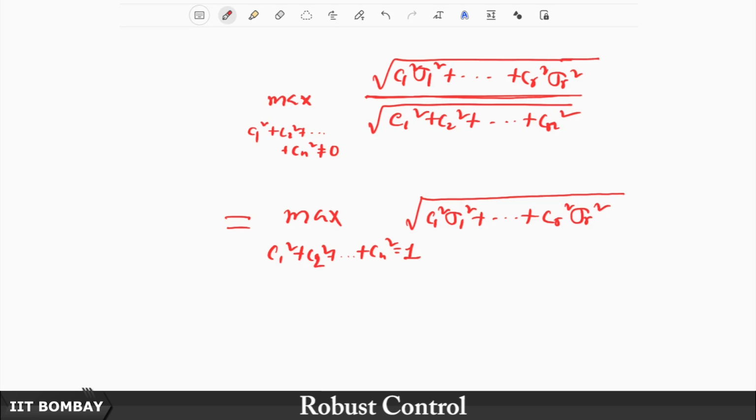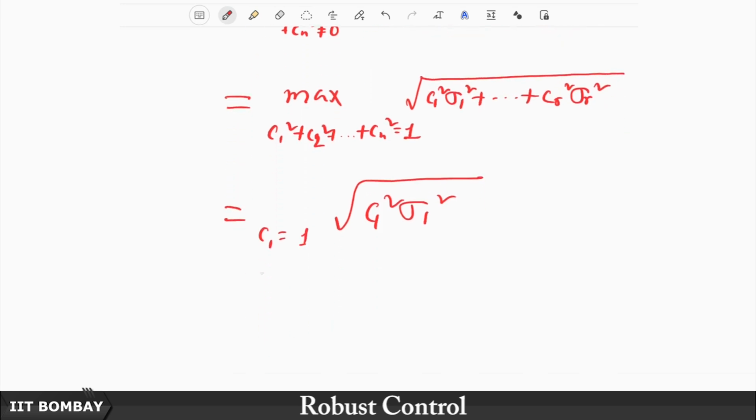So C1 goes with sigma 1, C2 goes with sigma 2, till Cr goes with sigma r. And we know that sigma 1 is the largest, the one that brings me the maximum return. So then clearly this is going to be C1 squared sigma 1 squared, with C1 equal to 1 and C2 equal to C3 equal to dot dot dot Cn equal to 0.